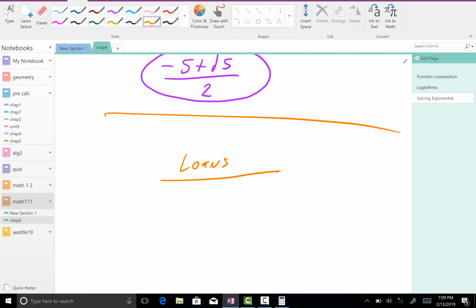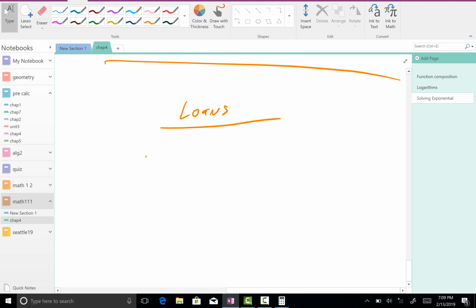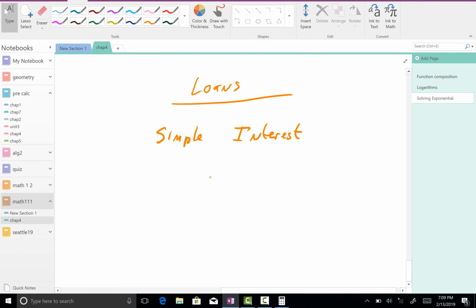The first one they talk about here is just a simple interest loan, that you were exposed to years and years ago. Well, not years for you guys, years and years ago for me. Simple interest looks like this, where you're given a principal, a rate, and a time.